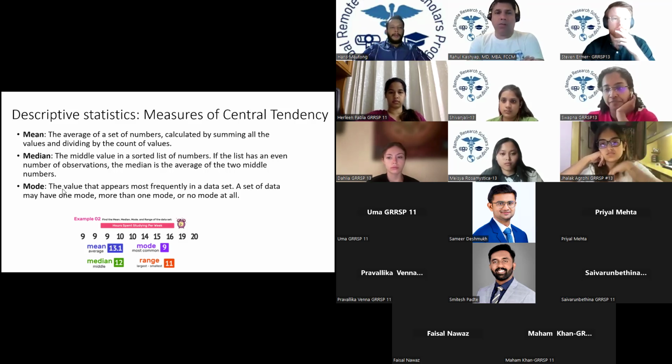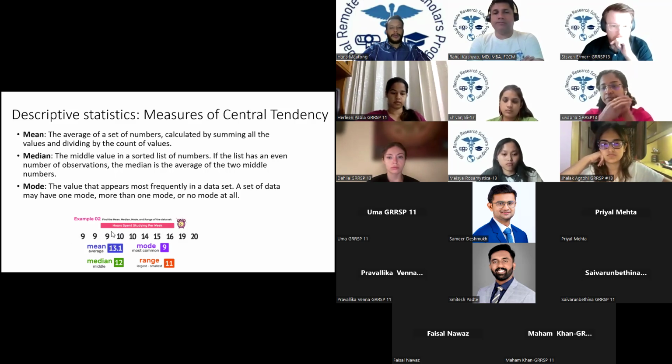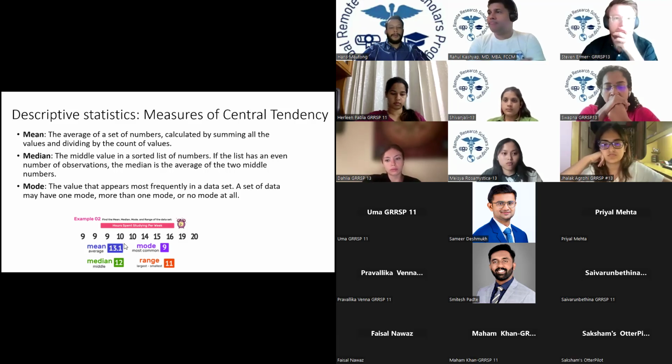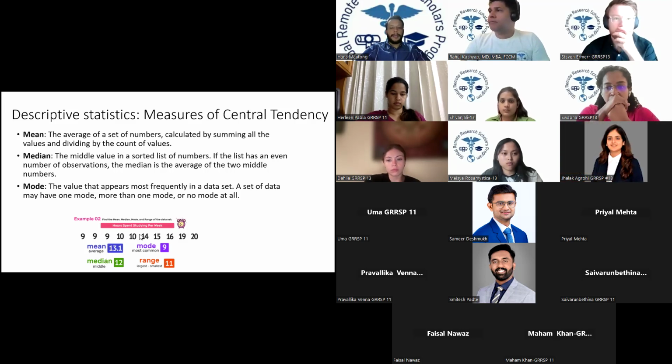Okay. And then the mode is the value that appears most frequently, basically the value that repeats the most. In this particular set of values, the mode is 9 because we have 3 individuals with 9 hours spent studying per week. If we add up all of these numbers and divide by 10, which is the count of each unit of analysis, the mean is 13.1, the mode is 9 because it's the most repeated number, and the median is 12 because we add up these two numbers and divide by 2.